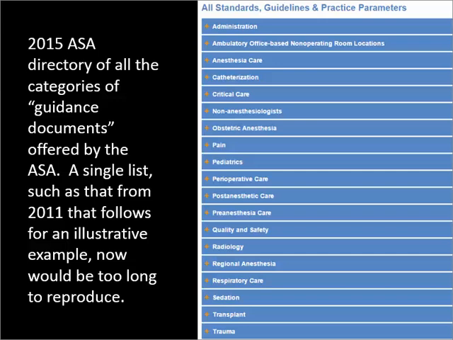There is a way to look at it differently, but the list from 2011, which we'll go over very briefly right now, illustrates how they have all kinds of different topics. And if you look through this list on the ASA website now, you'll see that there are even more topics in all of those various areas.